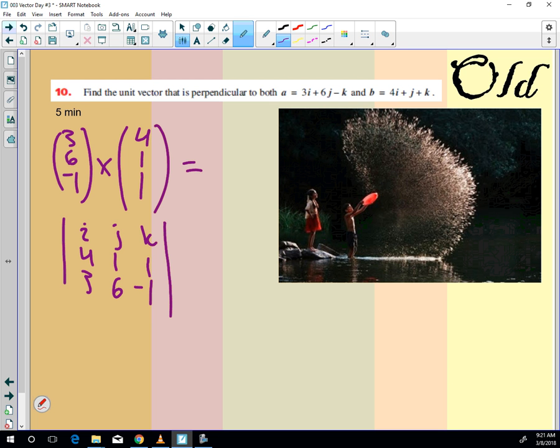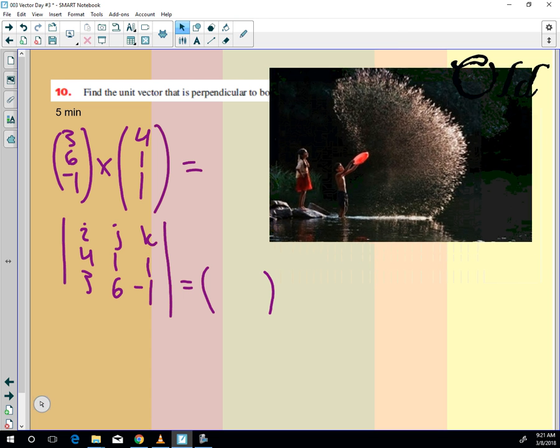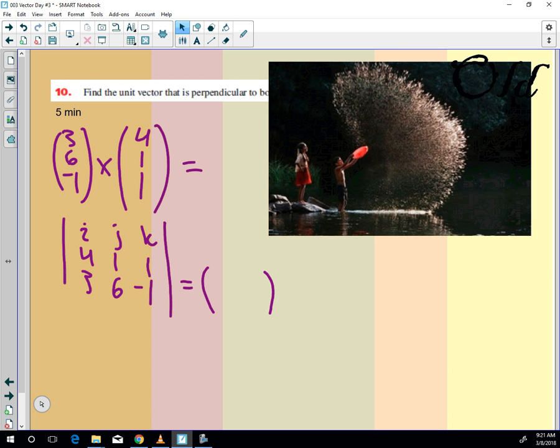And then what you're going to do is something called the determinant of a 2 by 2, which isn't going to make much sense yet, but all you're going to do is put a parenthesis, put an I next to it, put another parenthesis, put a J next to it, put another parenthesis, put a K next to it.